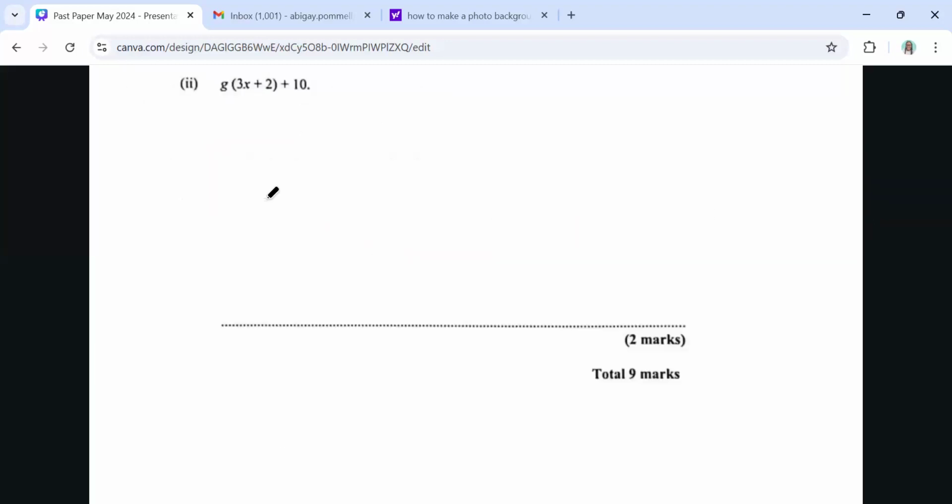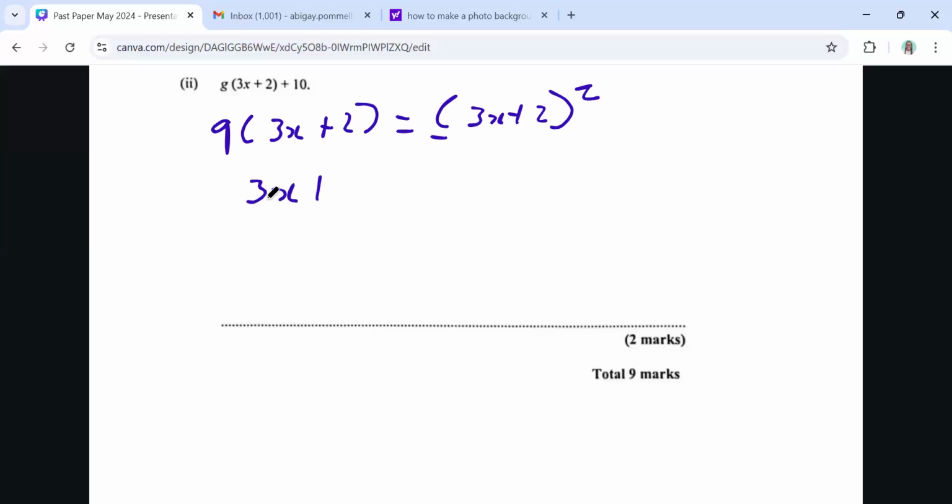So wherever x is, I'm going to put 3x plus 2. So that is going to be (3x plus 2) squared. Then I'm going to plug this in now in the equation on top. So (3x plus 2) squared plus 10. And then I'm going to expand.